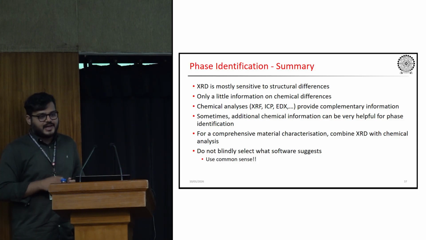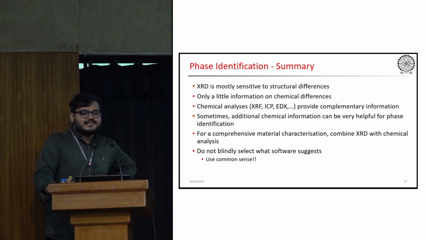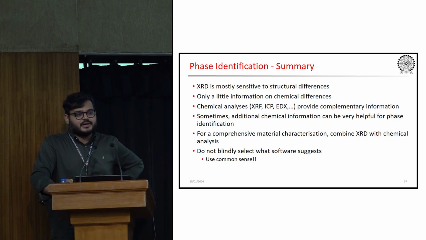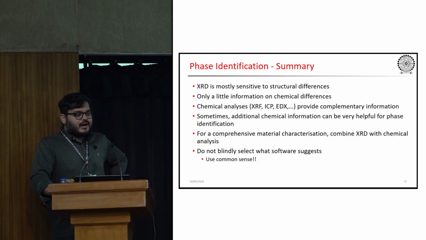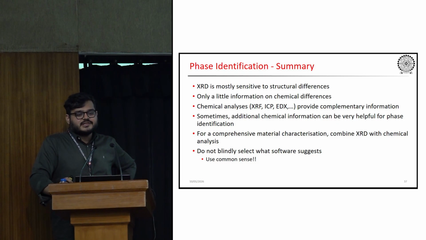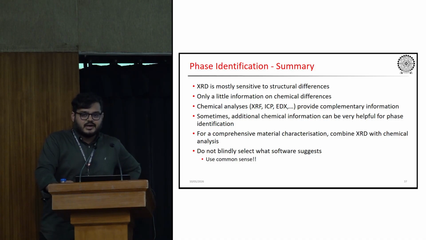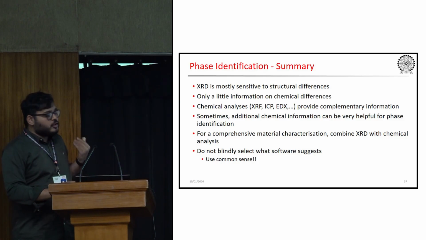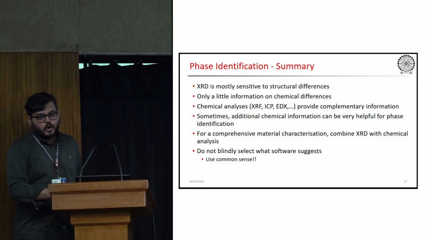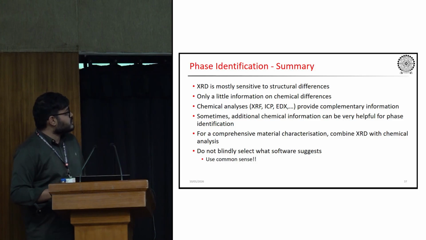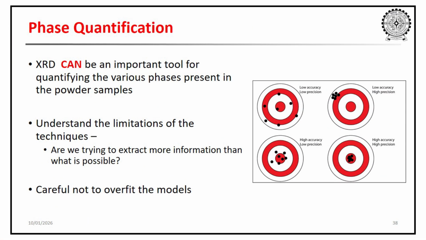For example, I remember a case where someone was doing an analysis and told me they found some very rare earth element in the sample, and I was like, oh wow, we are going to be rich. But unfortunately we realized that it was just a misidentified search match, right? So it's very important to identify clearly and not use XRD as a black box when you're doing the phase identification, right?